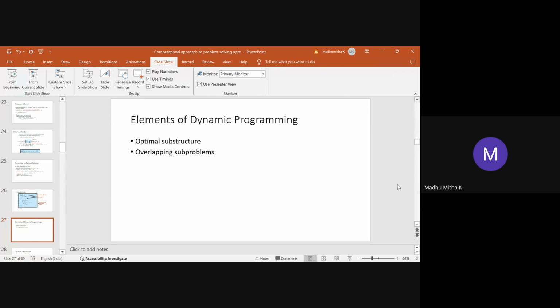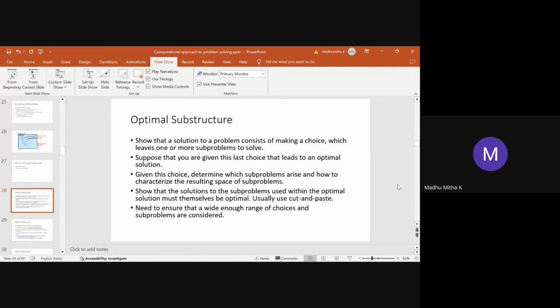So here also, the main elements of dynamic programming are that you're creating an optimal substructure and you're going to overlap those subproblems. Optimal substructure is nothing but it is going to show the solution to the problem, and it also consists of making a choice which leaves one or more subproblems to solve. Suppose that you are given the last choice that leads to an optimal solution.